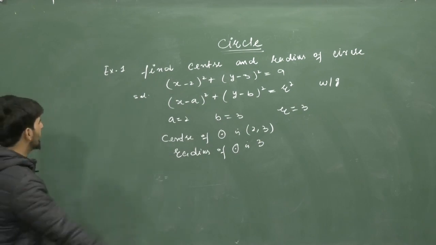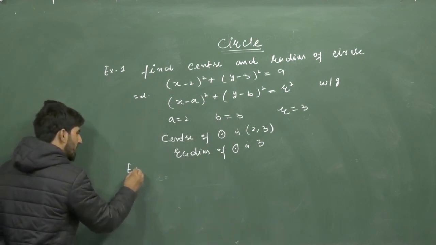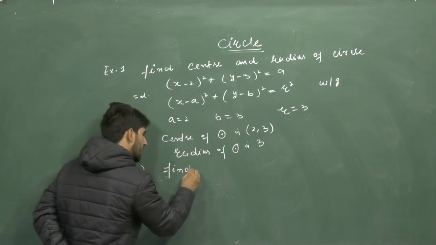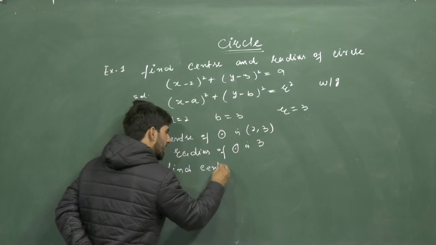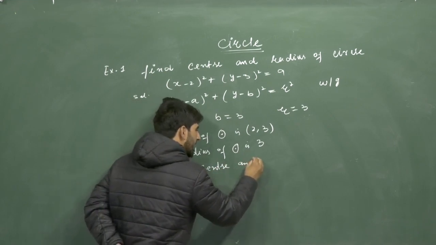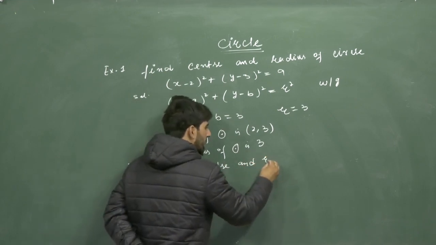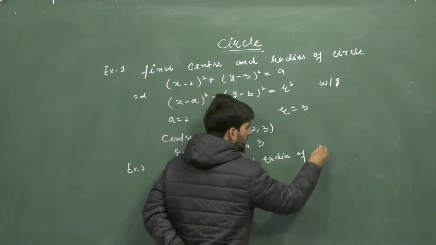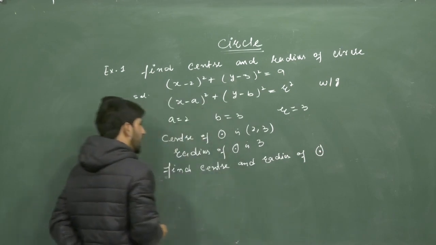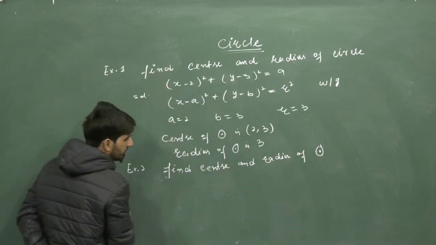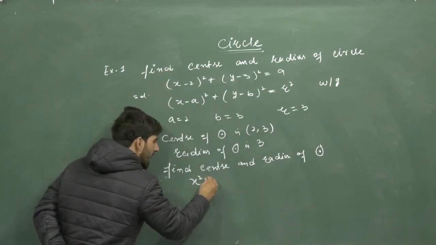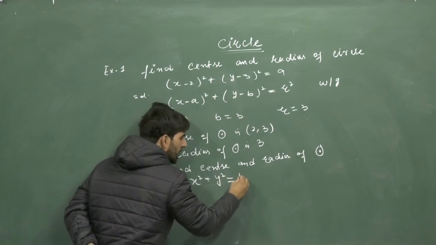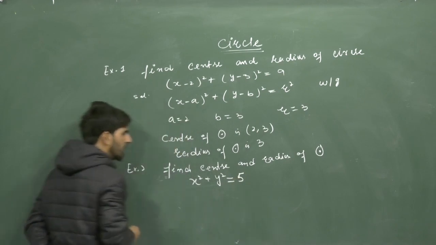Let's take another example. Example number 2: find center and radius of circle with equation x square plus y square is equal to 5.